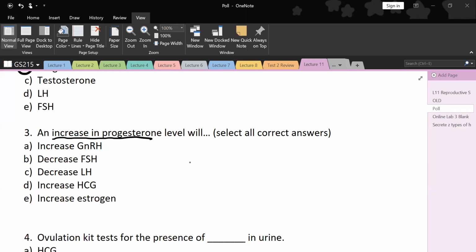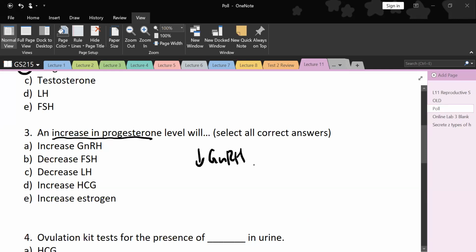It will suppress the hypothalamus. If you suppress the hypothalamus, you will have a decrease in GnRH. It will also suppress the anterior pituitary gland, causing FSH and LH to decrease. So the correct answer is B and C. You are not going to have HCG. That's just if you become pregnant.